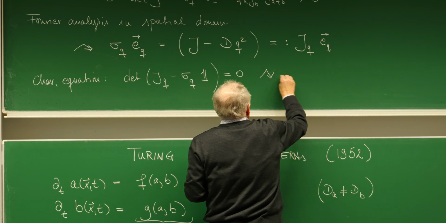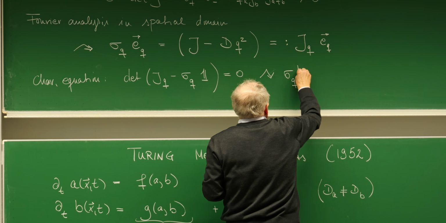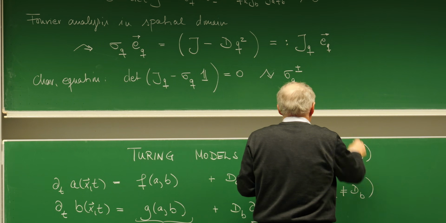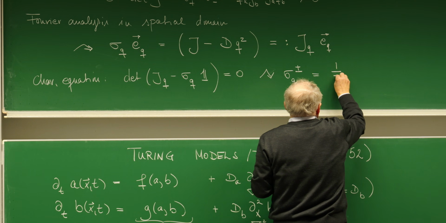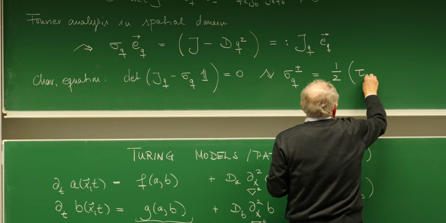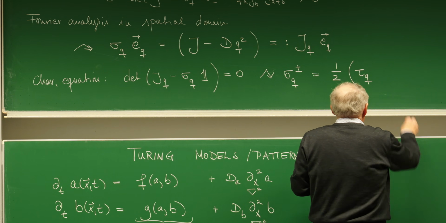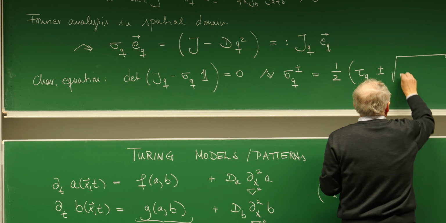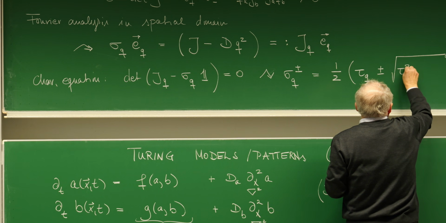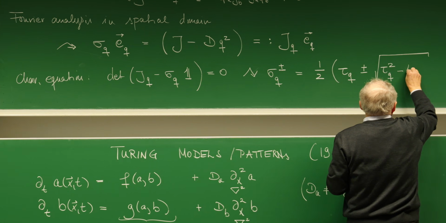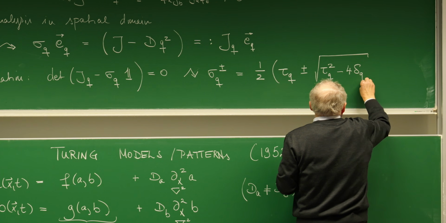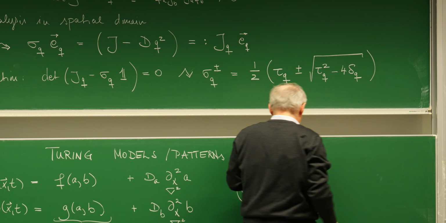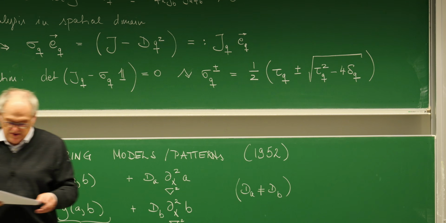And from that, as we had quite a few times in the lecture, you get half the trace of this modified Jacobian plus or minus the square root of the trace of the modified Jacobian squared minus 4 times its determinant.